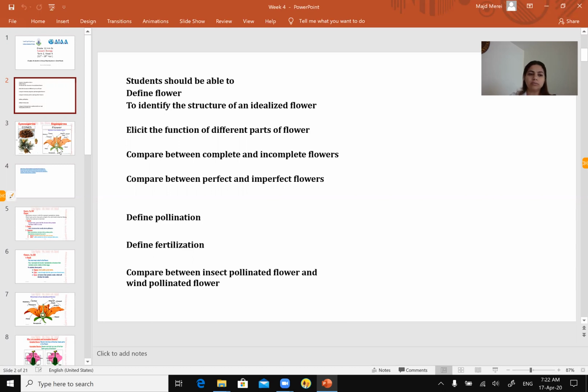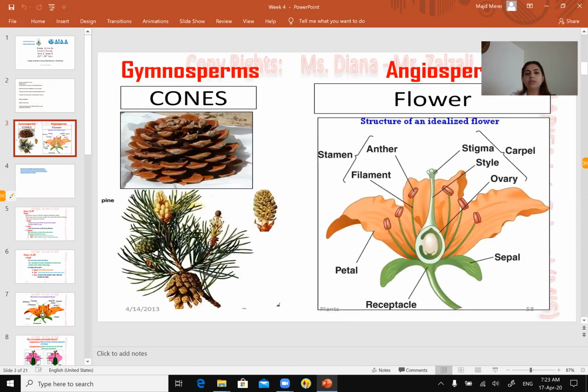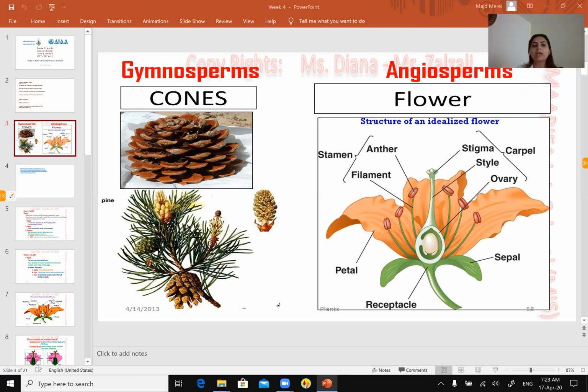So let's start. If you remember, during the last session, we compared between two different plants that produce seeds, which are gymnosperms and angiosperms.